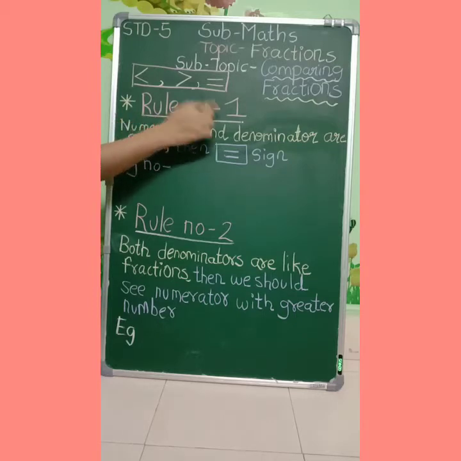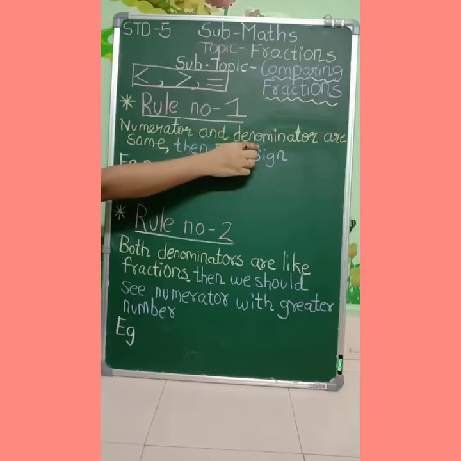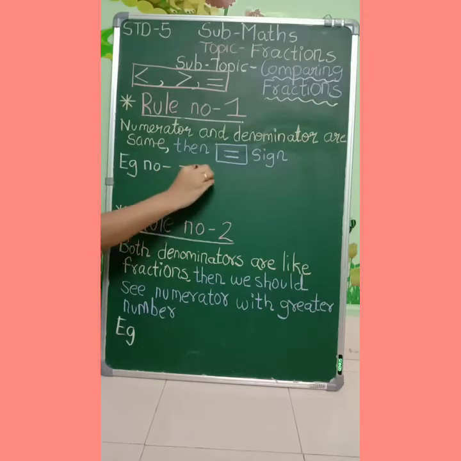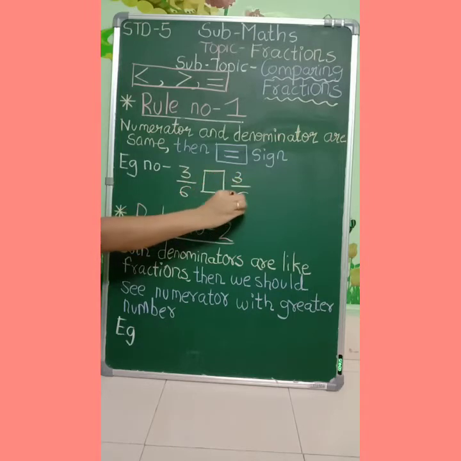Rule number 1. Numerator and denominator are the same. If you see the fractions and the numerator and denominators are the same, then you have to put the equal sign. For example, 3 upon 6 and 3 upon 6.